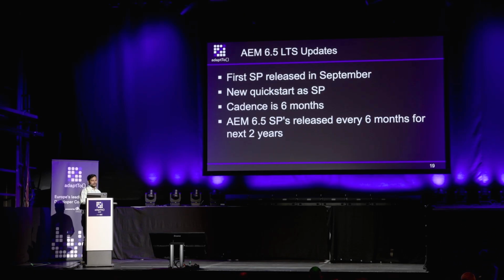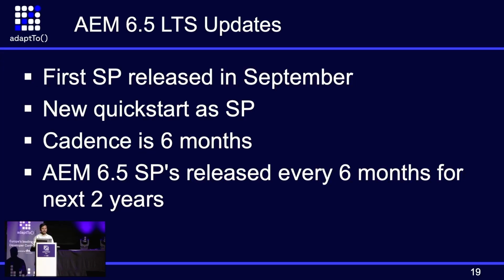Now, about the updates that Adobe will be providing. We already released one SP in September. As you must have figured out, it's a new quickstart jar itself. With AEM 6.5 LTS, we are going to provide jars and wars for upgrading your instances, so you can use the in-place or side-grade options. The cadence for these SPs is 6 months, so every 6 months Adobe will be providing an SP for AEM 6.5 LTS.